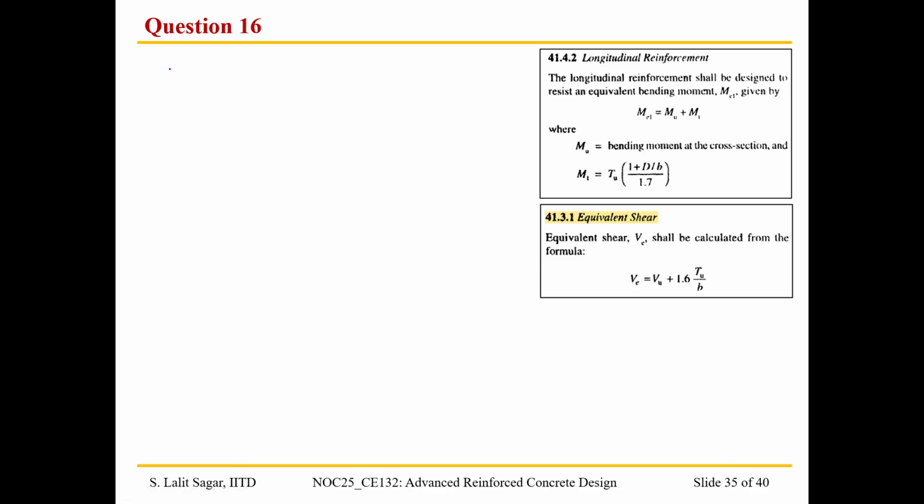In the first part, we need to determine the equivalent moment, that is MT is equal to TU into 1 plus D by B by 1.7. What is the torque?